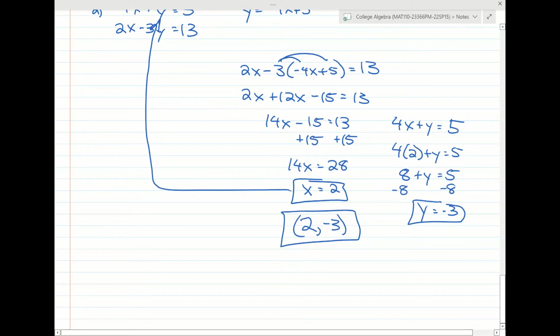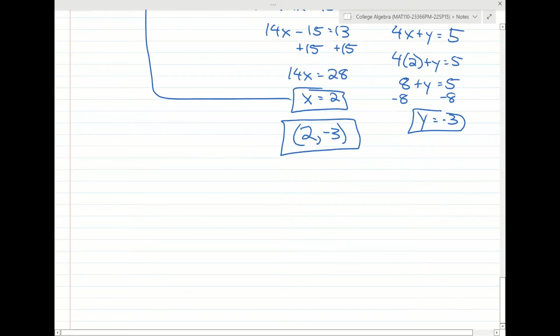That technique is called substitution. I wanted to spend a little bit of time and talk about what's called elimination next.